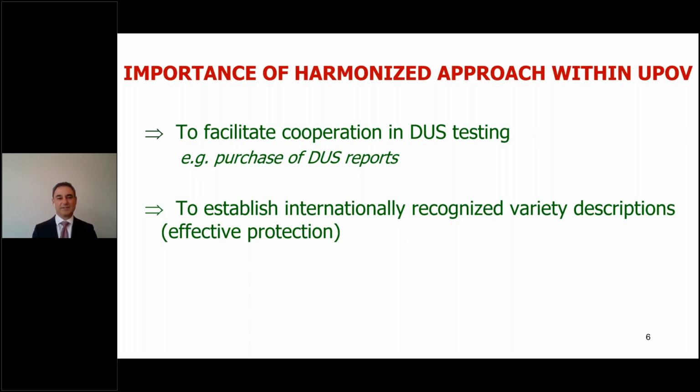This is also the basis for internationally recognized variety descriptions and effective protection. In this sense, it is very important that all UPOV members recognize and accept the use of molecular markers for examining particular crops or examining particular characteristics.